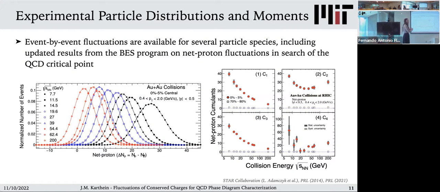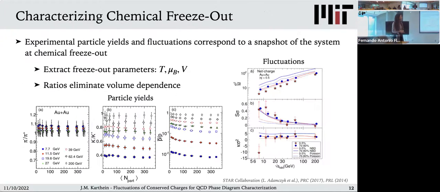So from the experimental side, we have the cumulants, the moments of the distribution, and from the perspective of trying to understand chemical freeze out, those fluctuations, those moments tell us a lot about how we can extract these chemical freeze out parameters. So for example, how we get the coordinates, if you will, in the phase diagram, T and mu_B, for these different beam energies.